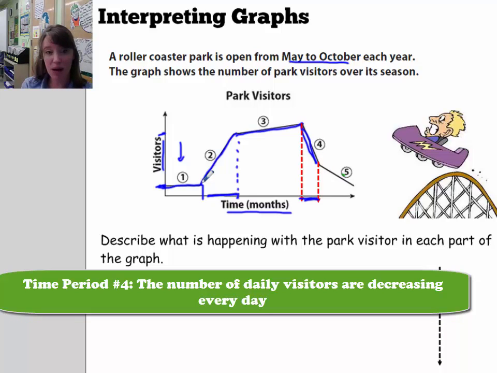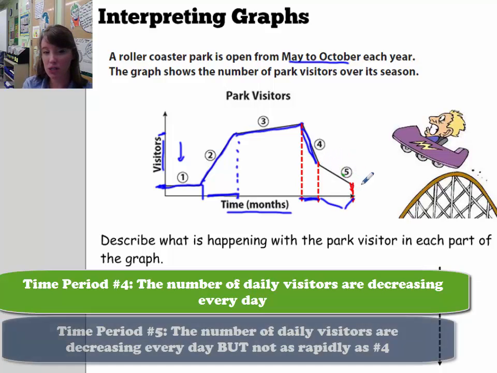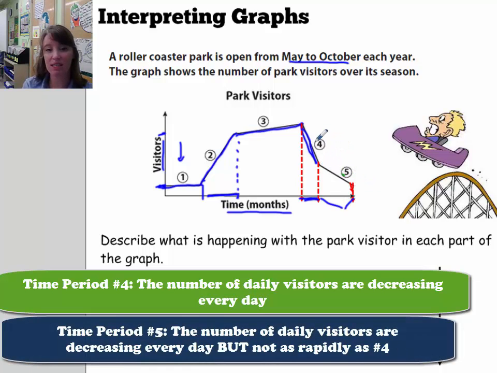It's about the same slope in a way. It's actually even steeper than line segment number 2, and it's in the reverse direction. This is decreasing. And then in line segment number 5, between the periods of time indicated here, if I drew a dashed line here, in this period of time the visitors are decreasing, but not as rapidly as in line segment number 4.